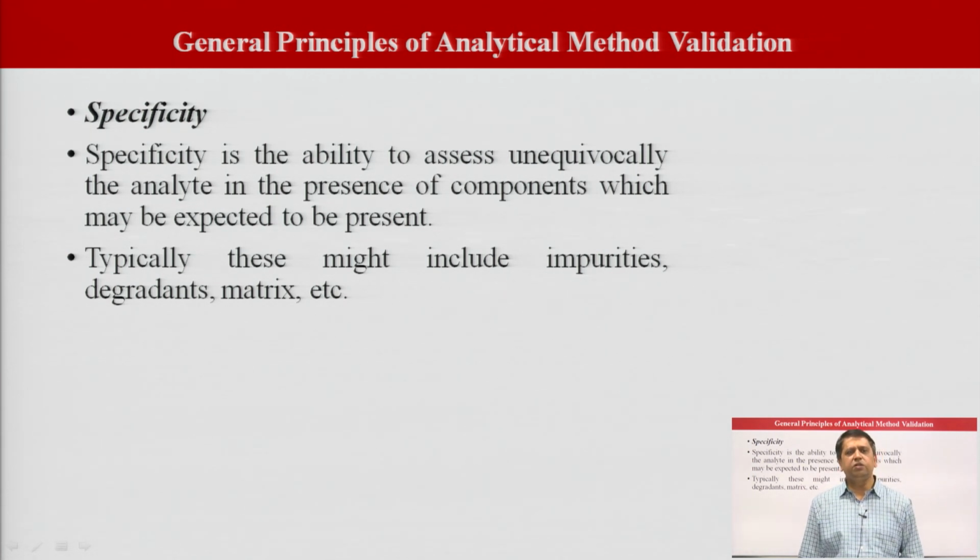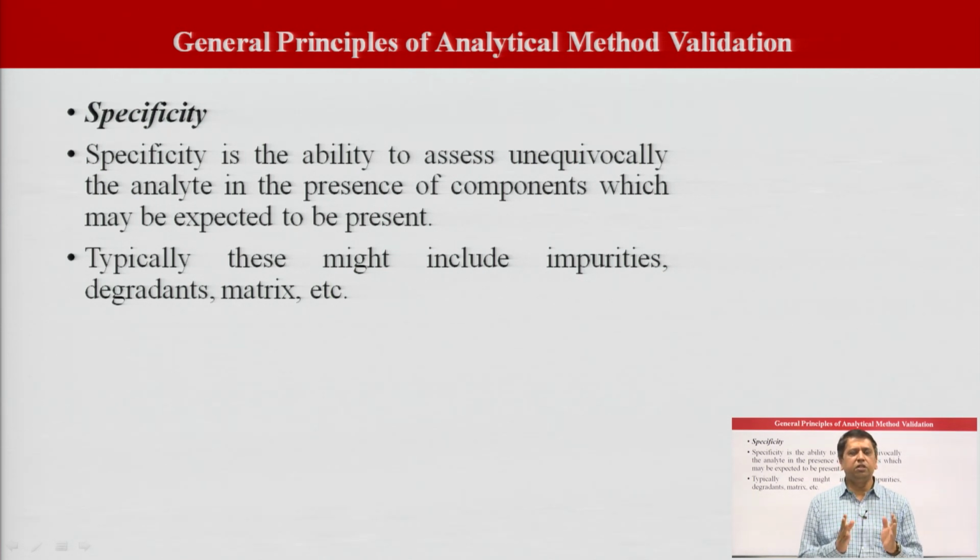In this parameter, we have to confirm that whatever response we are getting through our instrument should be from our analyte only. There should not be any merging of responses along with impurities, degradants or the matrix.